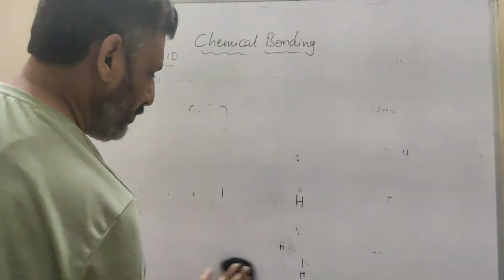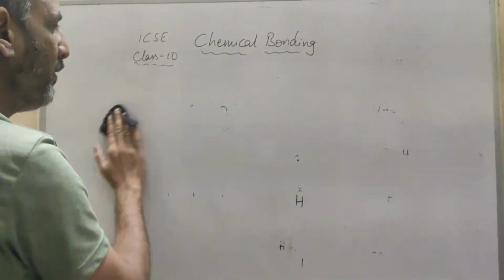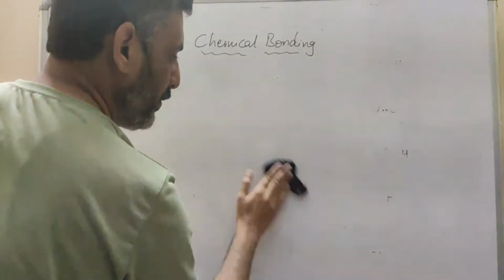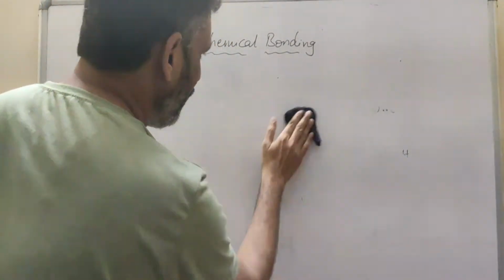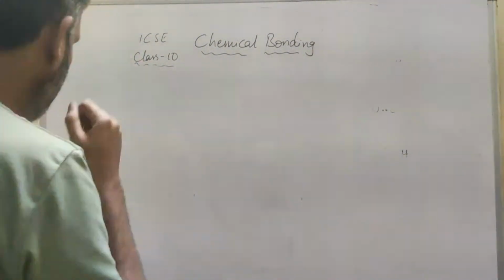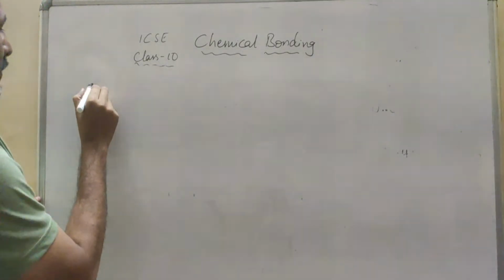Now let's see the coordinate covalent bond, the second type of bond.